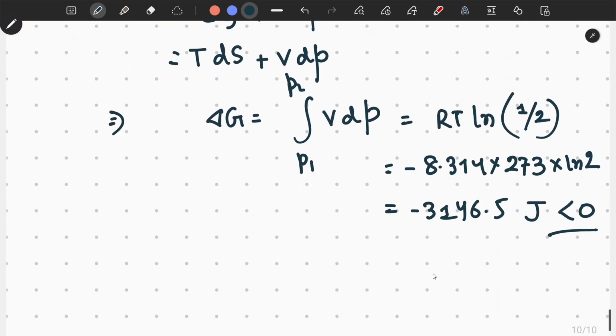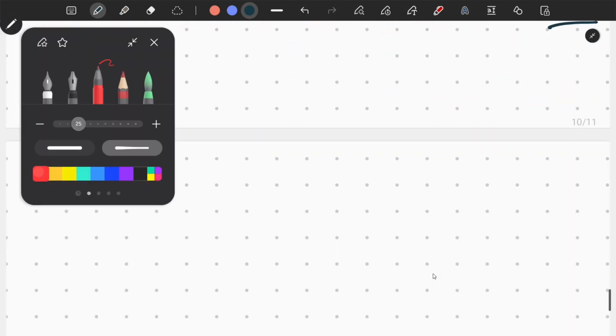Okay, now it is a fugacity question, the last question.